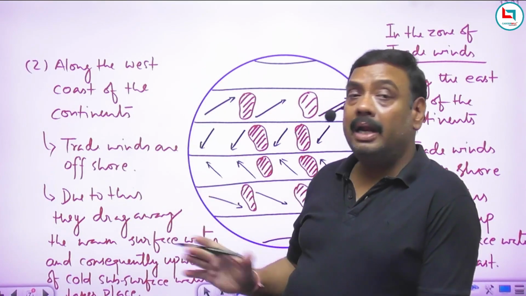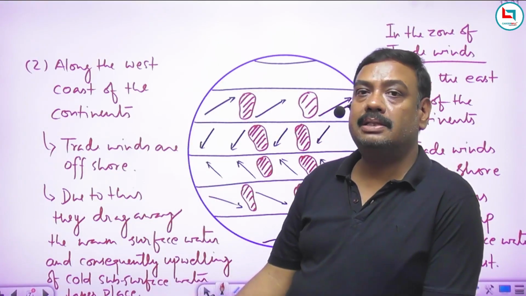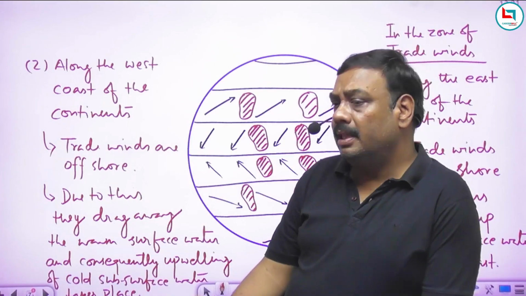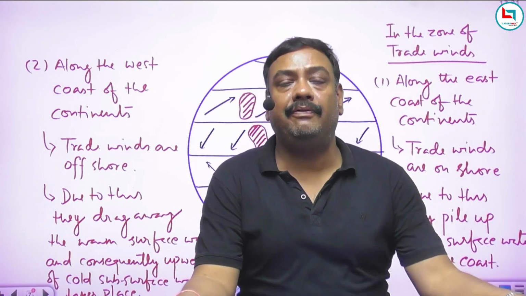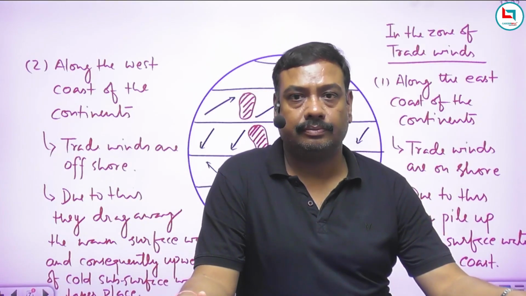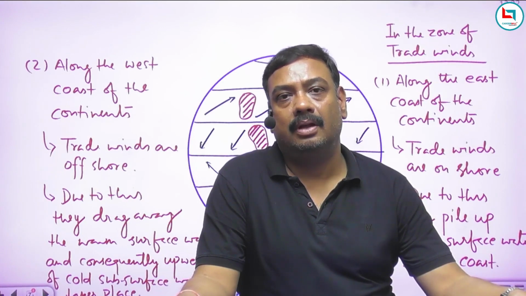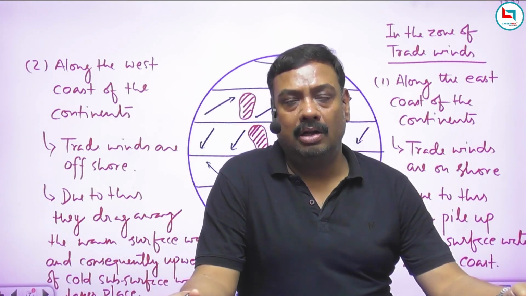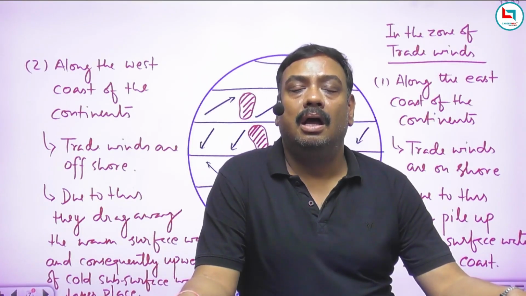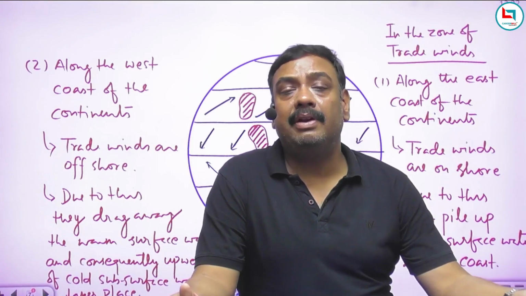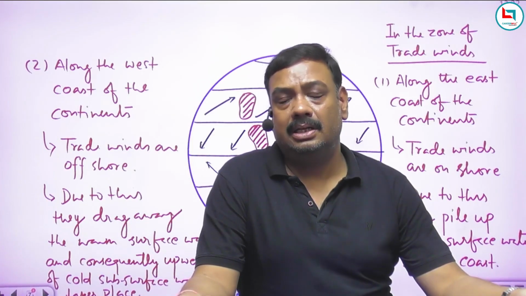What about the polar region, or the zone of polar winds? In the zone of polar winds, it is seen that the temperature of the surface water is not changing along the coast as well as away from the coast. Why is it so? Everywhere the temperature of the ocean water is similar. It is the cold region.